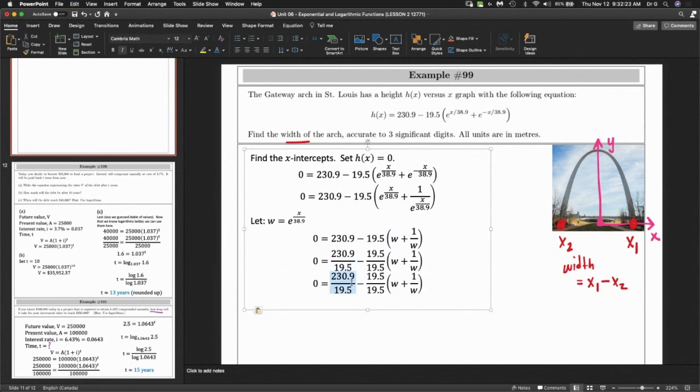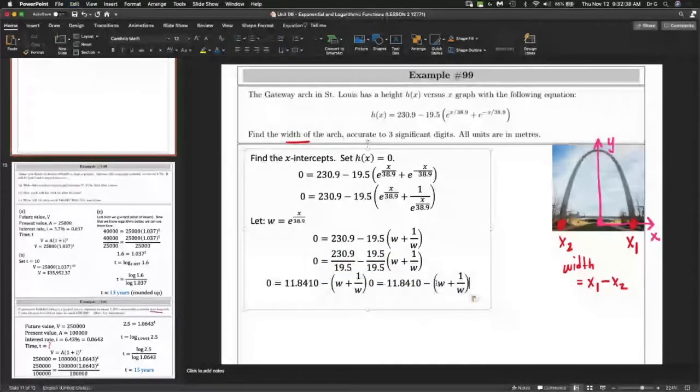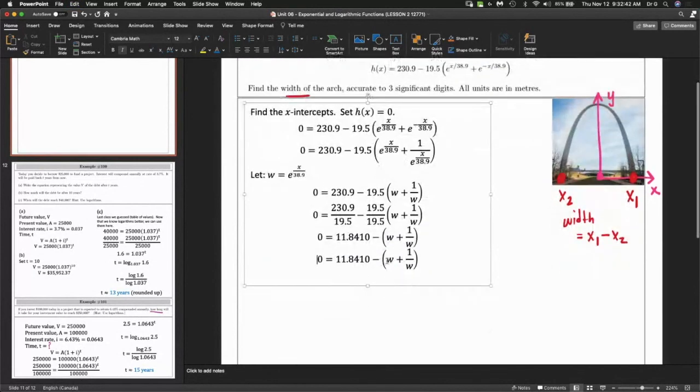So over here, this will become 11.8410. And just allow the extra decimals there because it's beneficial. Since we're dealing with exponentials, it's a good idea to carry more digits because they rapidly change. Get rid of that negative sign.